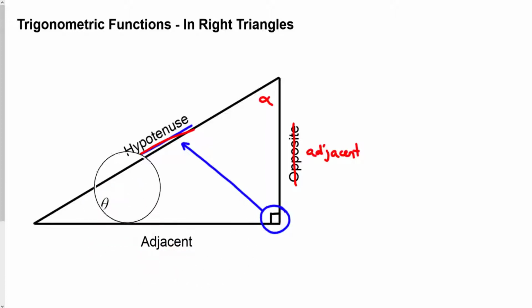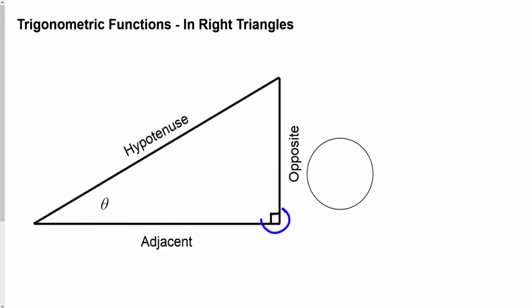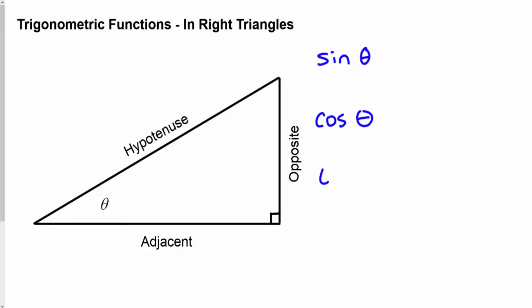Now, let's go back to just this angle measure theta. And some things that I want to just reinforce that were stated in the video, but just get them written down. The definitions of our trig functions. The most important trig functions are sine, cosine, and tangent.